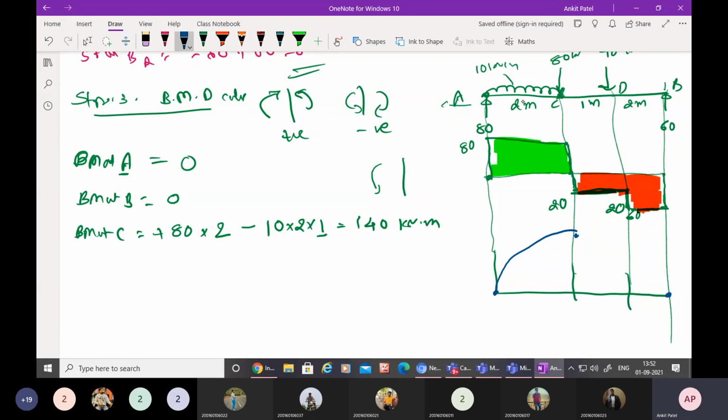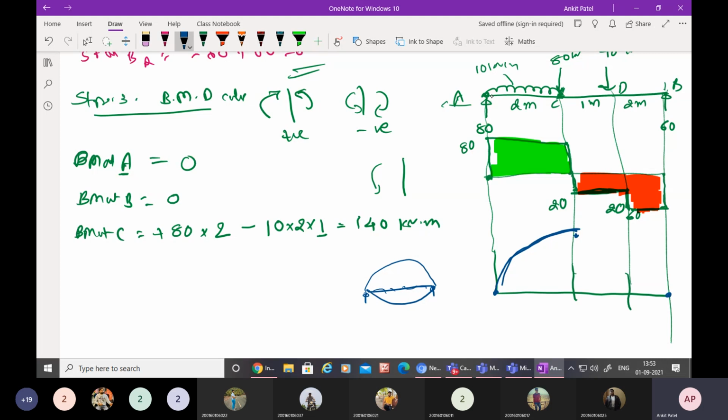But for your reference, if we take a clothesline and hang clothes on it, how does it bend? I have told you previously, it will bend like this. Right now we are drawing the opposite, so the diagram will look like this. Clear? So you can compare it with this, and your diagram looks like this, just for your reference.